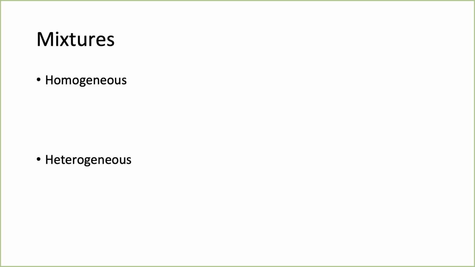You can't tell there's any other phases. Heterogeneous is when you've got two or more phases or things in there. You can have a chocolate chip cookie. You've got the cookie dough, and you've got the chips in there. So you can actually say there's two different things in the cookie. That's a heterogeneous mixture.